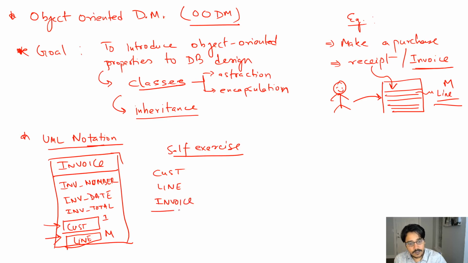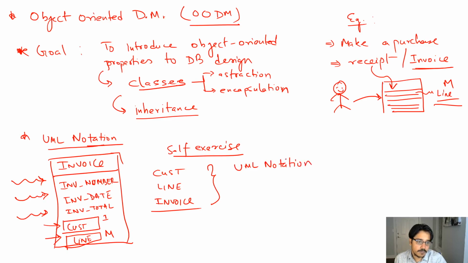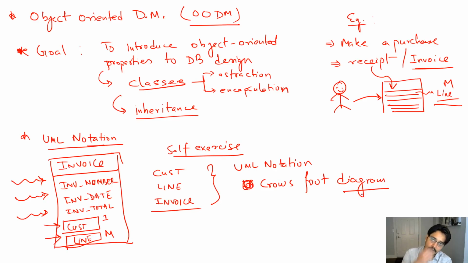So try to represent this using the UML notation, and using not ER notation but crow's foot diagram. Try to practice it. If you cannot, then look at the example in the book in order to see what the correct representation is. But the important thing is make sure that you understand.